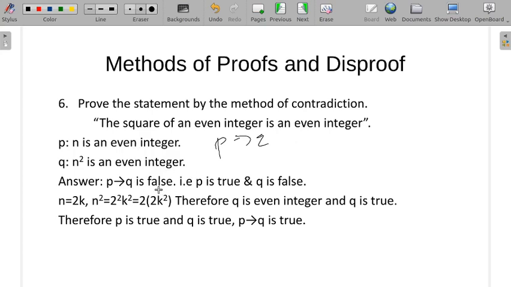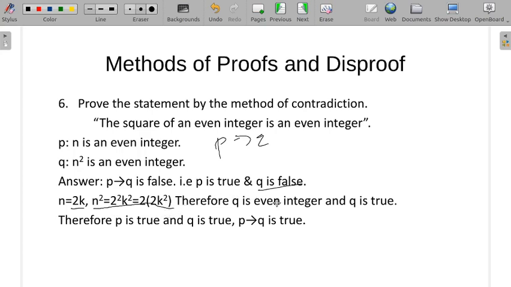Assume that P conditional Q is false. That means P is true and Q is false. Okay, so let's take P is true. That means n is an even integer. That means n will be of a multiple of 2 form, 2k form. If you take the square, then again by arithmetic you will know that it will also be in a multiple of 2 form.